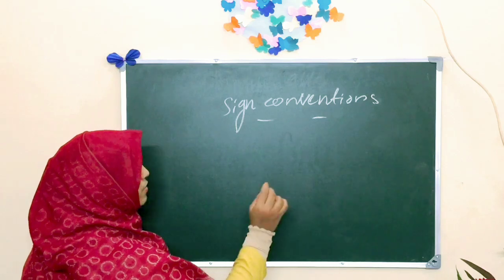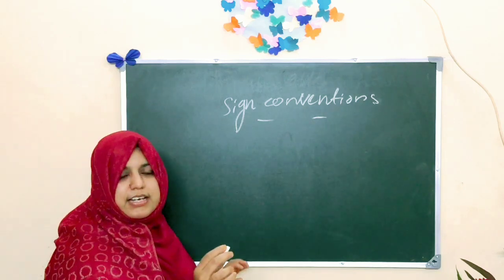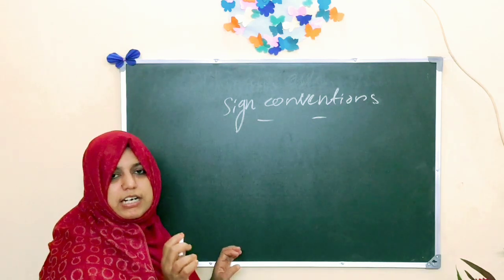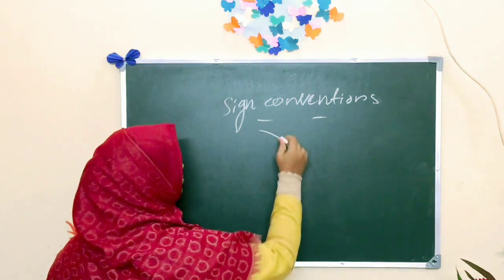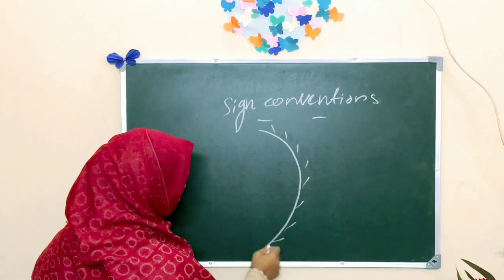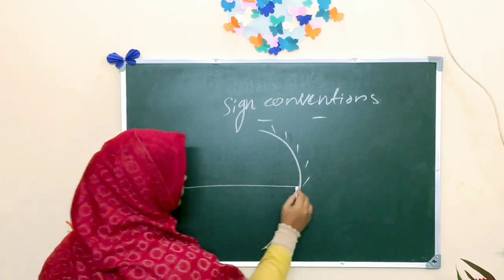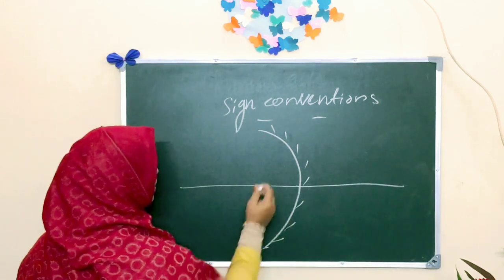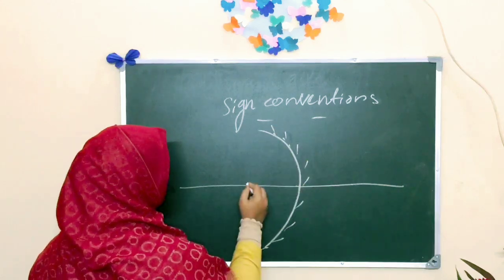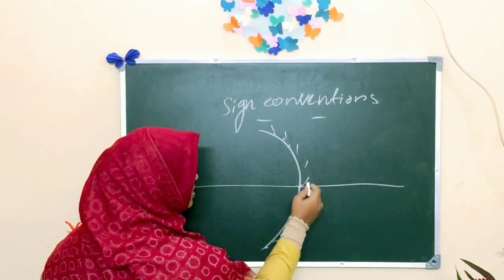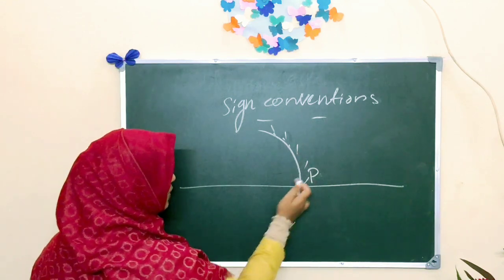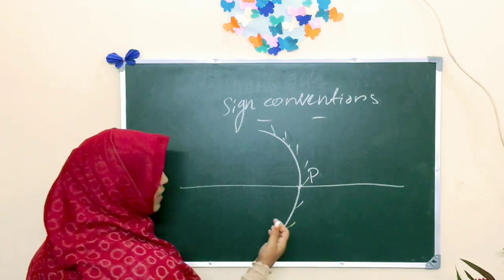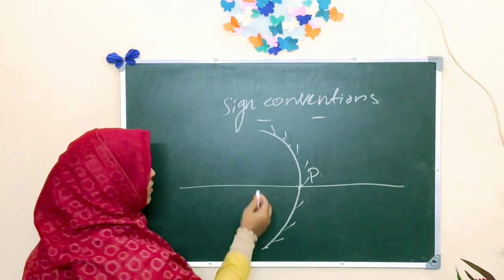Now I am drawing a ray diagram related with the concave mirror. The midpoint of the spherical mirror is P. In part 2 we already studied that.